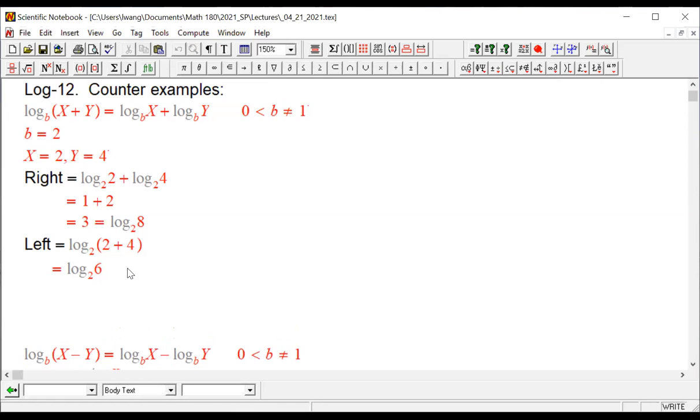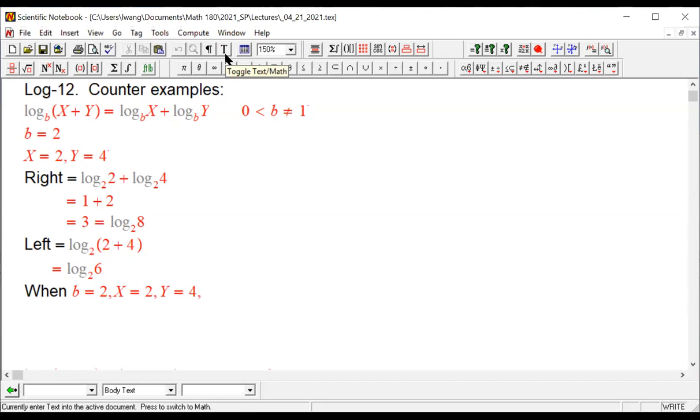Then you can say, when B is 2, X is 2, Y is 4, log base 2 of these two are not the same.